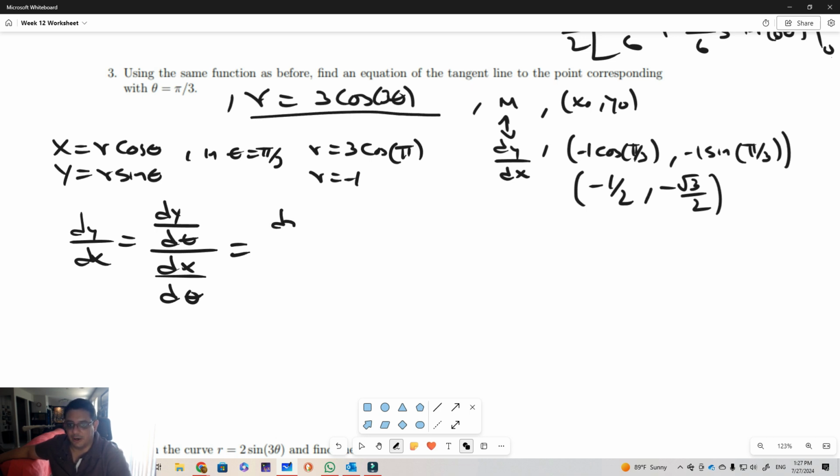So we have dr/dθ sine of theta plus r cosine of theta. That's the derivative of y. And now in terms of x, we have dr/dθ, and then the derivative of cosine is minus sine, so I'm going to have minus, oh, sorry, never mind.